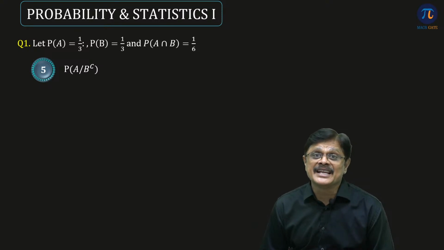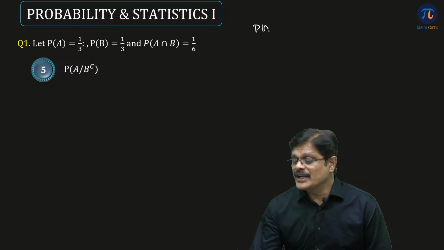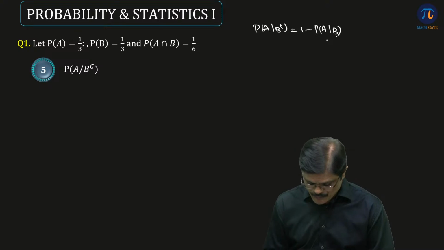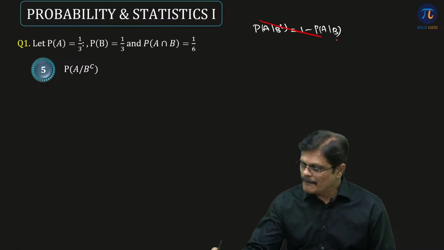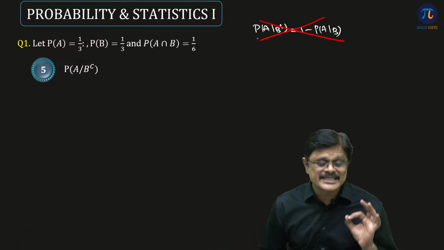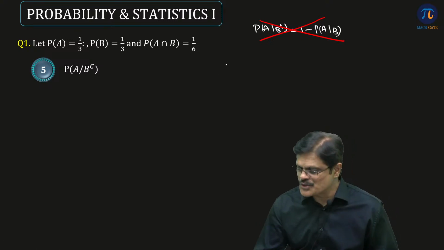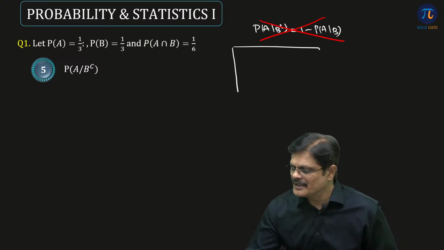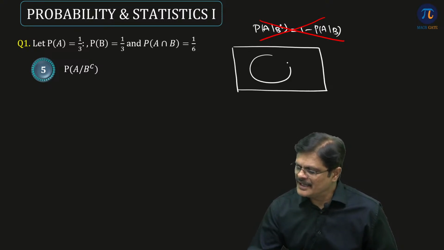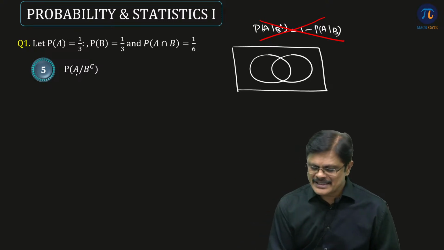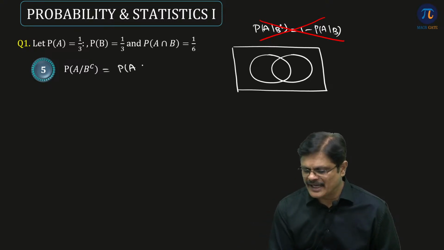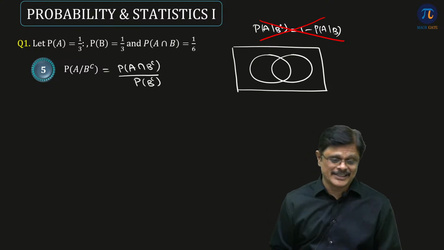But this is very dangerous. The most common mistake people make is that for probability of A given B complement, they write 1 minus probability of A given B, which is a blunder. Please note, this is wrong. Let me explain. Probability of A given B complement is actually probability of A and B complement by probability of B complement.